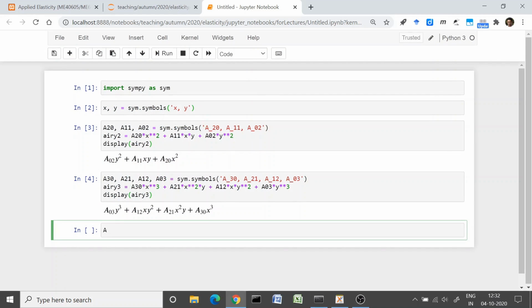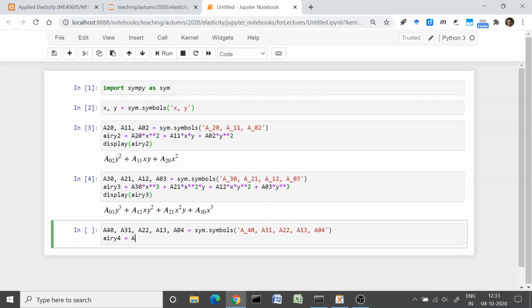Next, for the 4th degree terms, we have a40, a31, a22, a13, a04. Again, we define these things: a40, a31, a22, a13, a04.